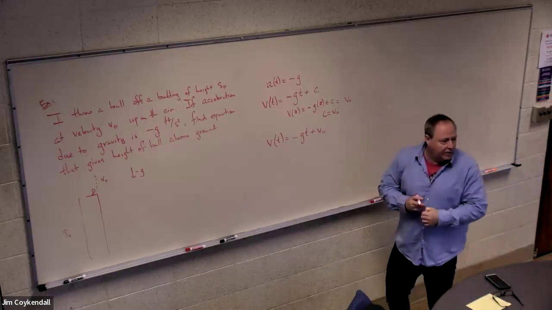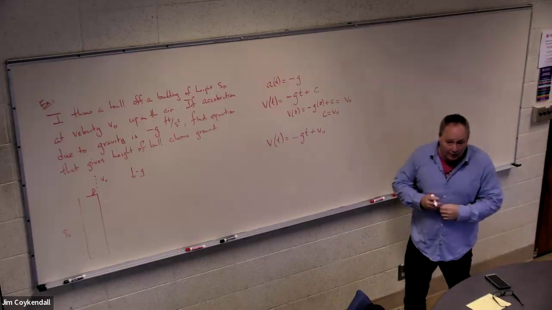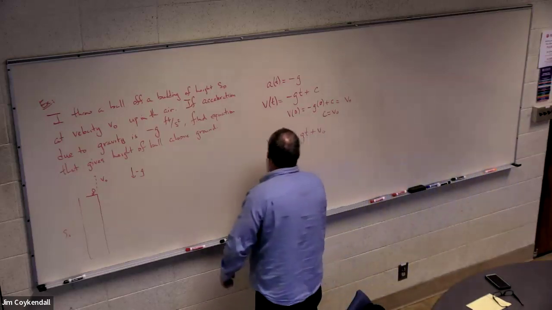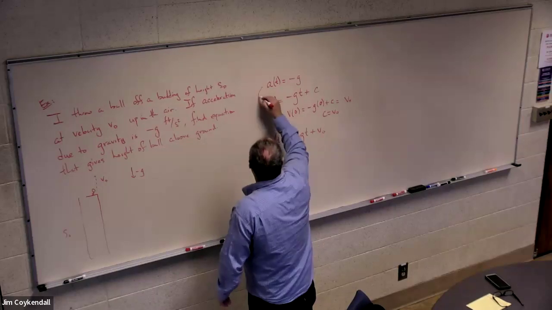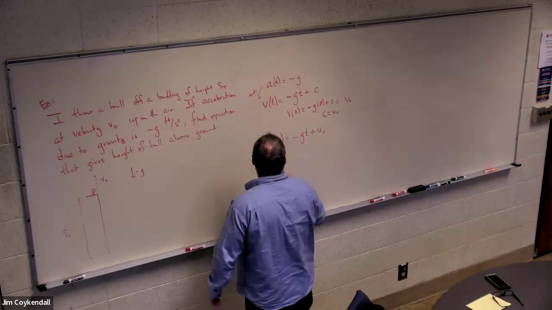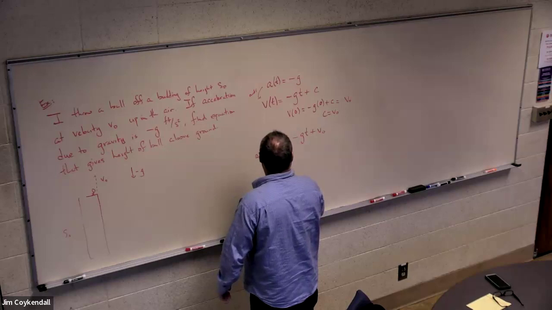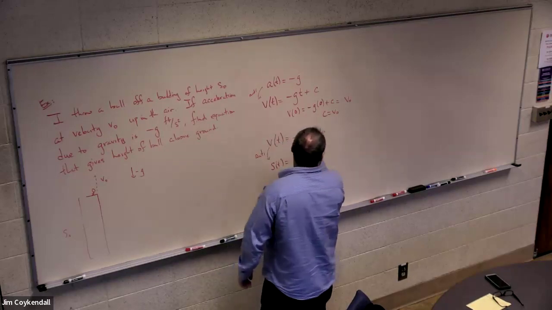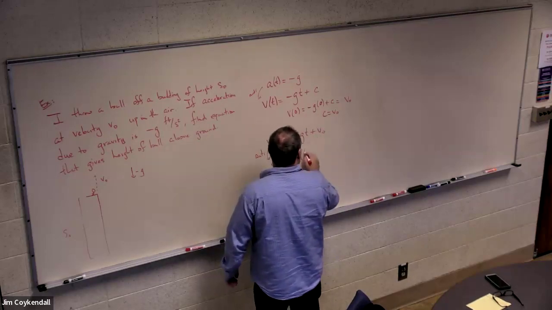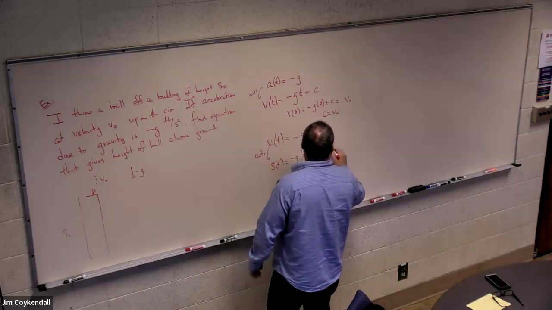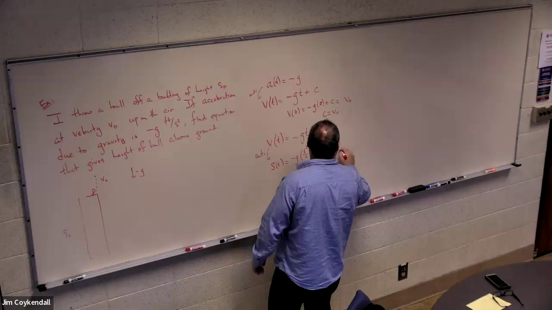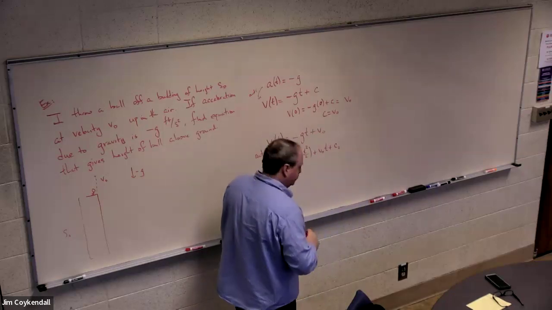So, in other words, position is the antiderivative of velocity. Do an antiderivative again, and I get S of t. The antiderivative of this is t squared over 2 plus another constant.